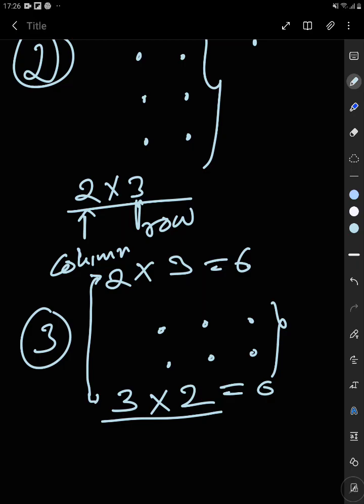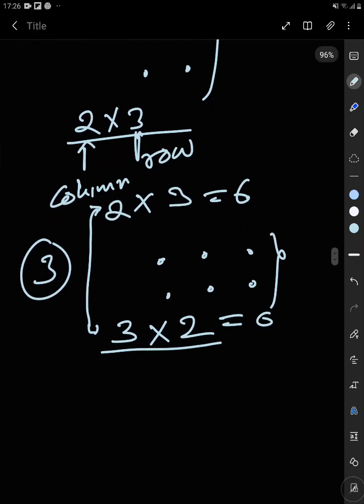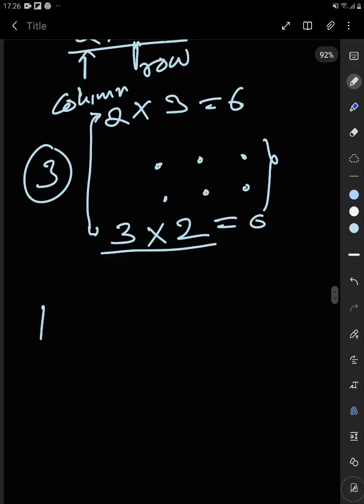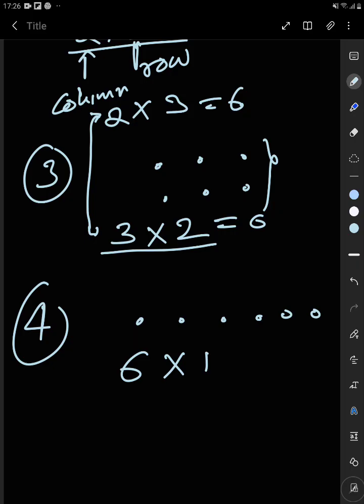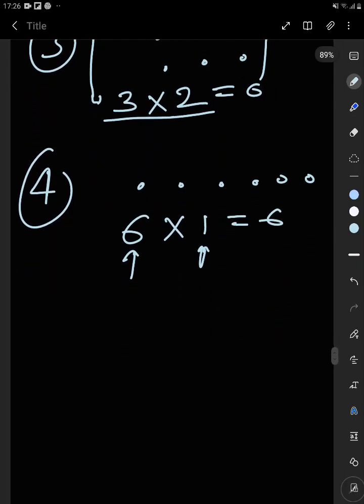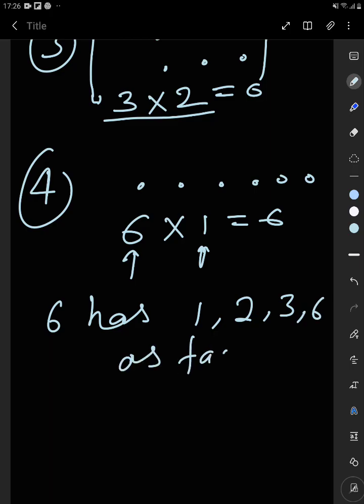What another way can there be? The fourth one can be lined up in a row: only one row and six columns. So it can be written as 6 multiplied by 1, which is equal to 6. So 6 is a factor and 1 is a factor. So finally what we can say is that 6 has 1, 2, 3, 6 as factors.